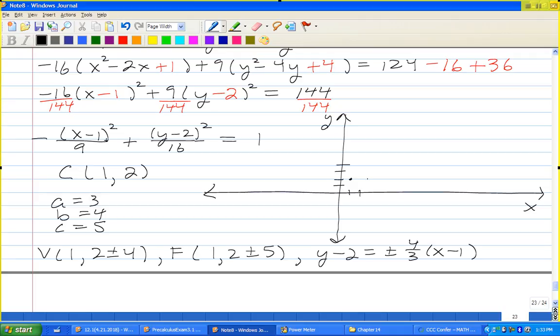Go 3 in the x, 4 in the y. 1, 2, 3, 4. Okay, so here's my bounding rectangle.